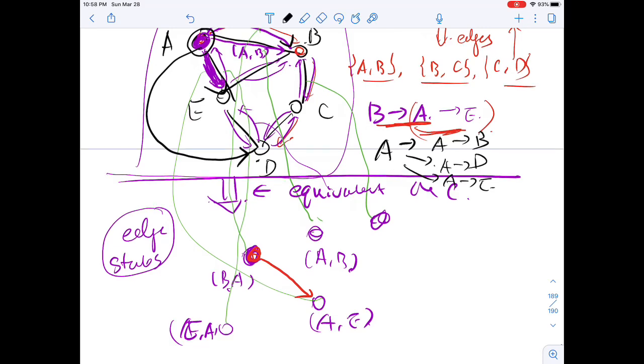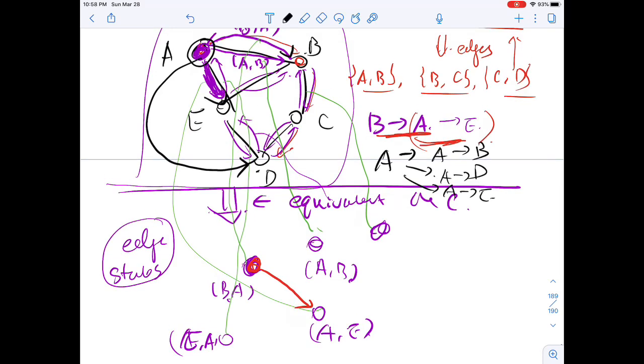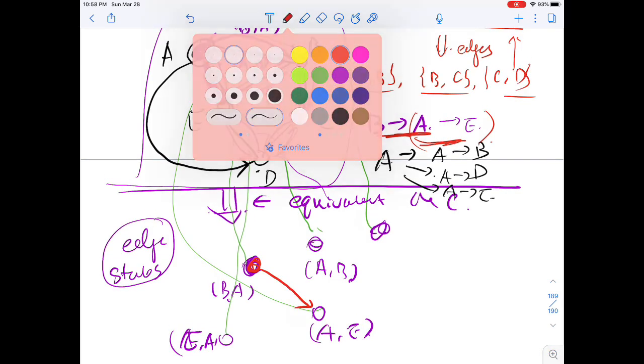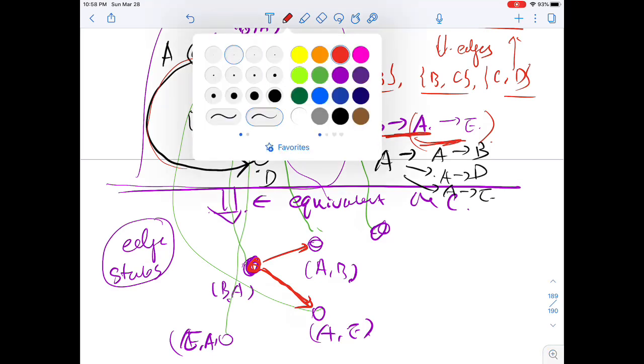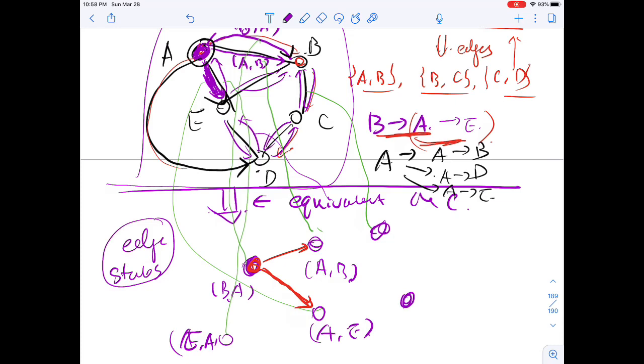And just now I forgot, the red one is not the only one I can move to, I can also move back to AB. Because I added this edge, I need another node that encodes AD, and I also allow myself to move here. Again, the movement probability is uniform.